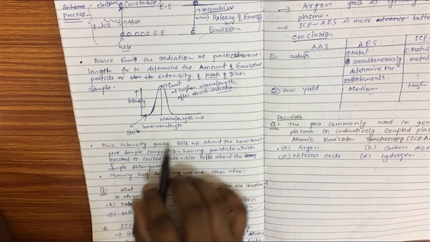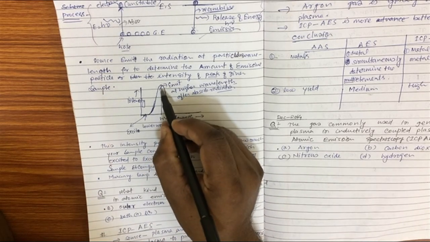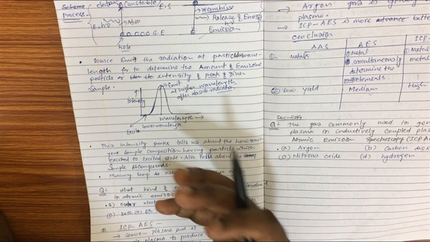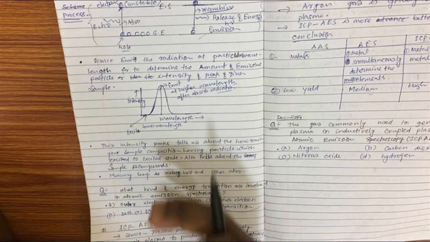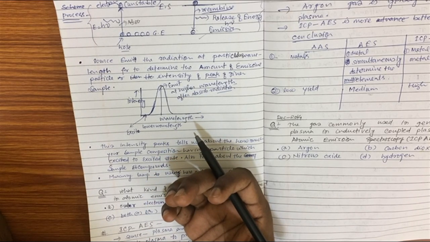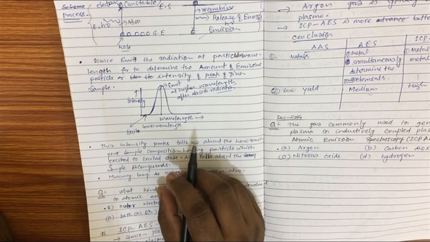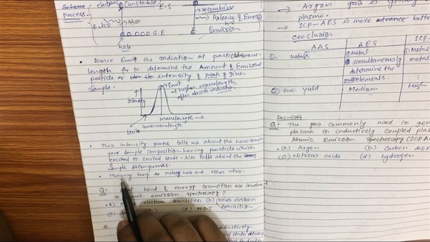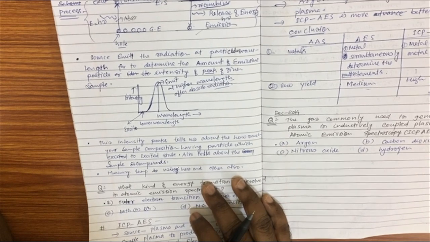If you get emission at a particular wavelength, you get an idea of which compositions or compounds are present in your sample. Here basically a mercury lamp is used, or some other lamp can also be used.